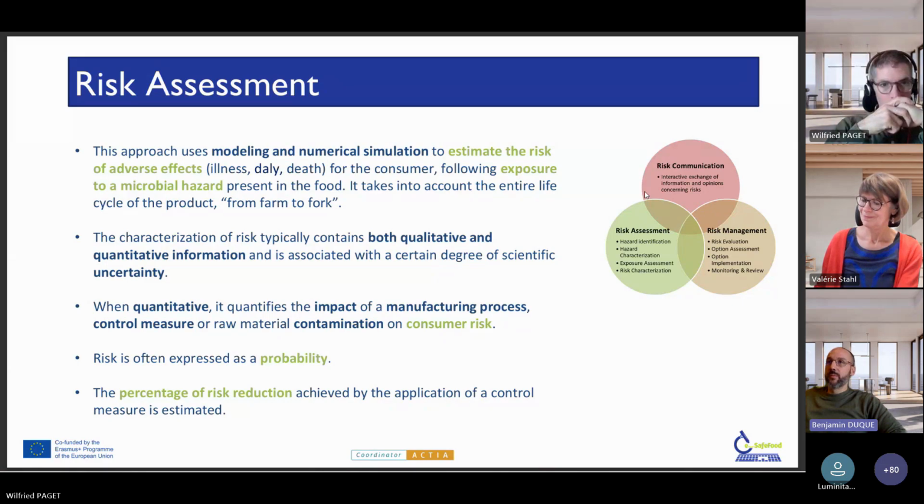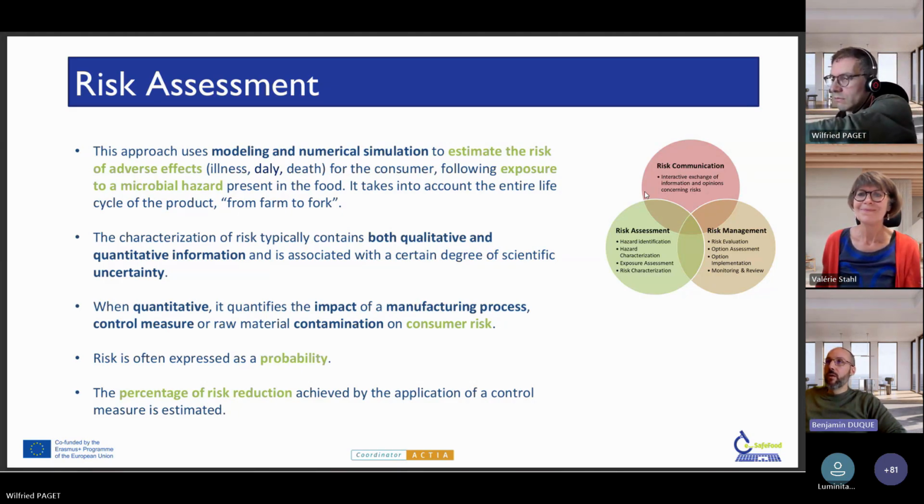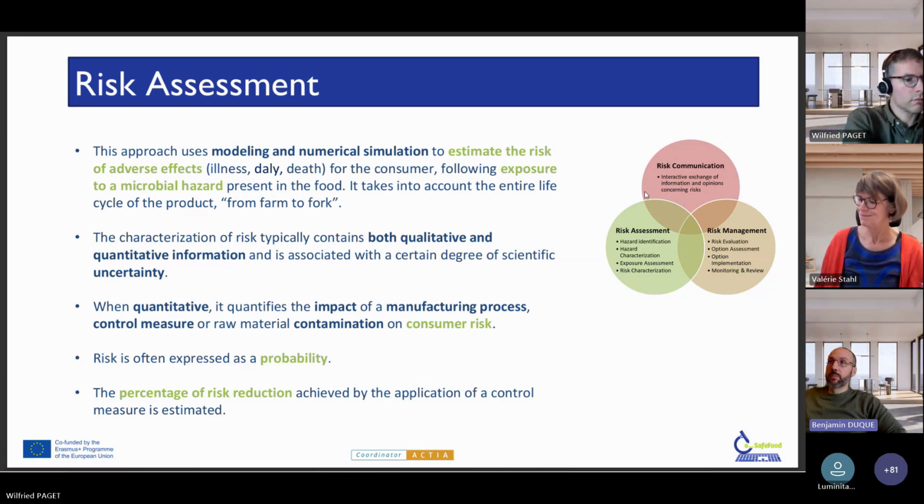DALY is a metric, it stands for disability adjusted life year, and basically is the number of years of healthy life lost due to disability or even death for the consumer following exposure to a microbial hazard present in the food.